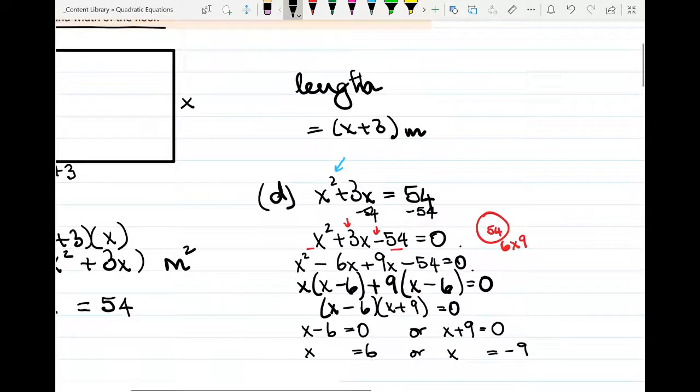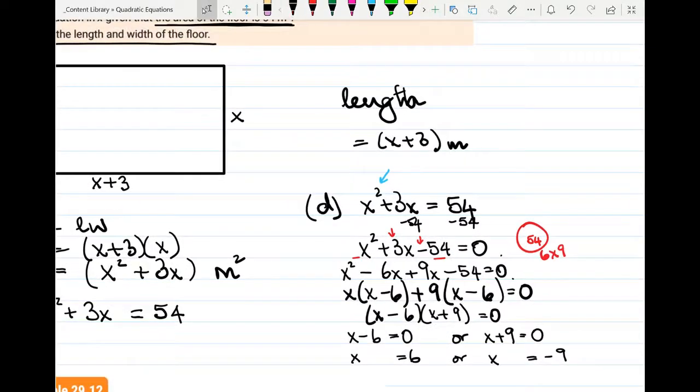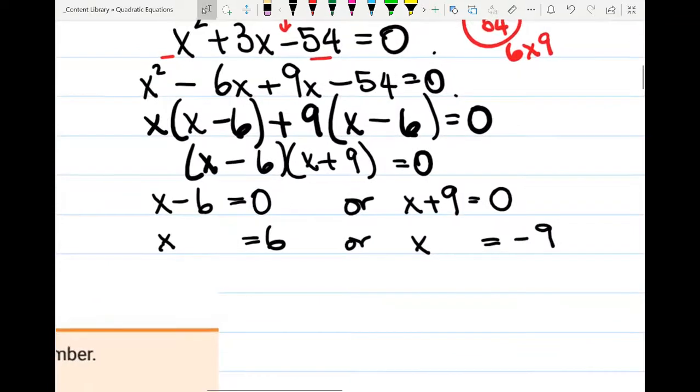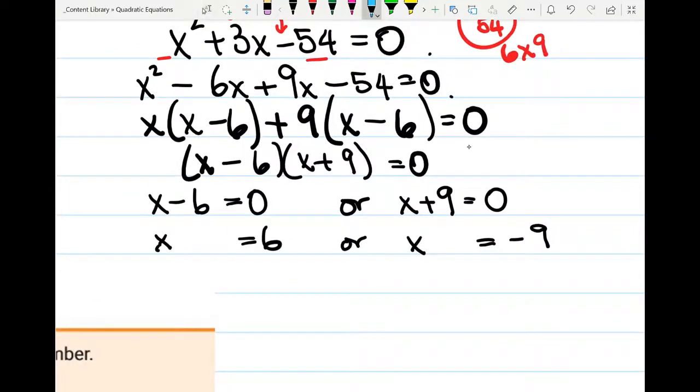Now, if you have a look back, x was representing the width of the floor. Could the width of a floor be less than 0? Minus 9 is less than 0. Can the width of a rectangle be less than 0?